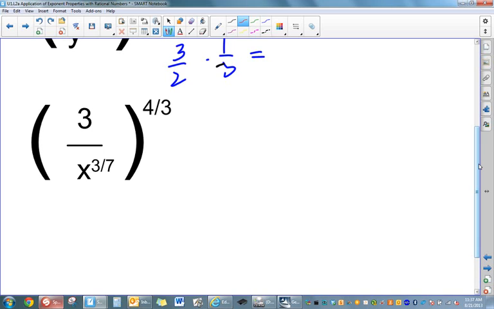This problem says 3 over x to the 3/7, all to the 4/3. Rationalizing the denominator on this one will be tricky. Please take your time.